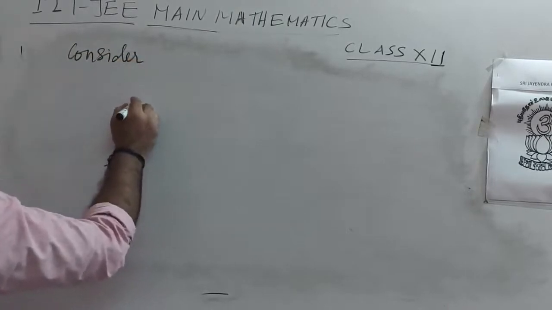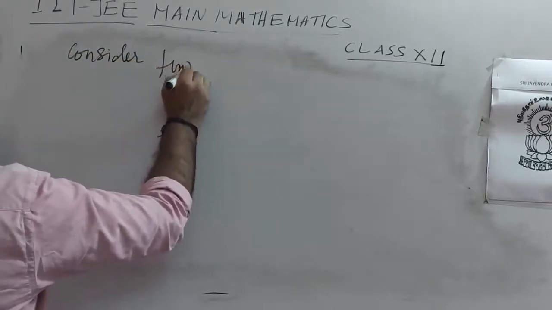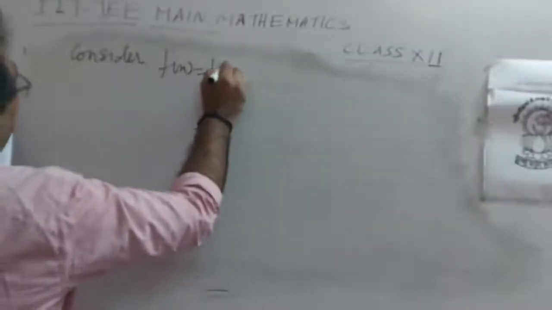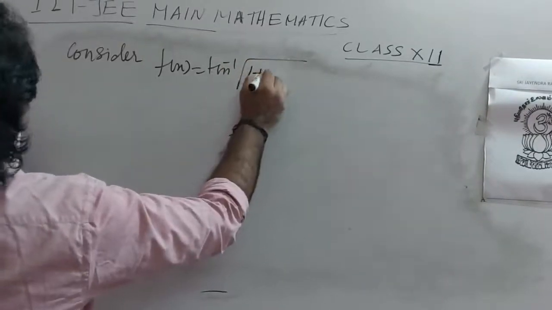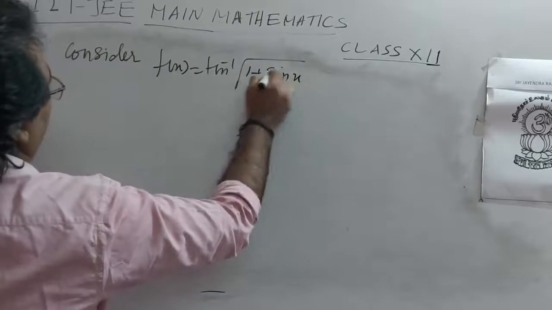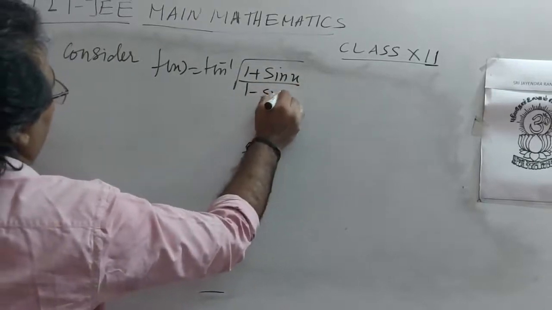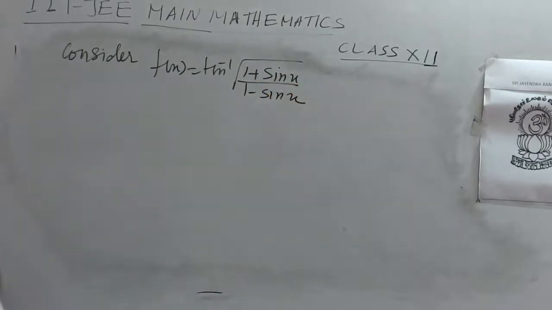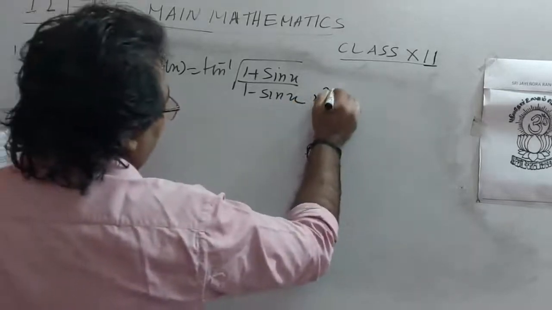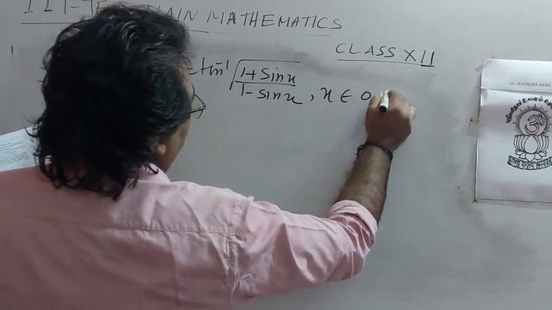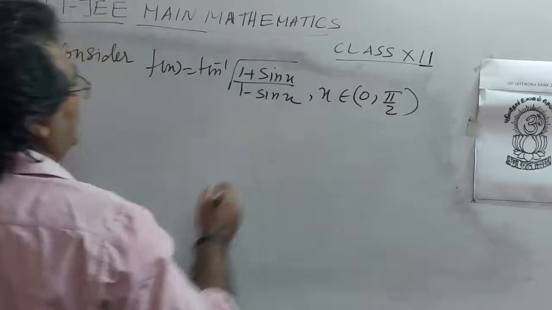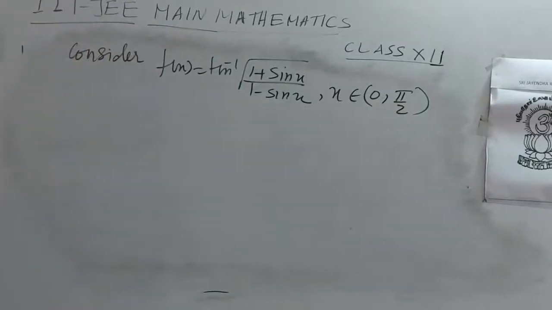Consider f of x equal to tan inverse of root of 1 plus sin x by 1 minus sin x, where x belongs to 0 comma pi by 2.